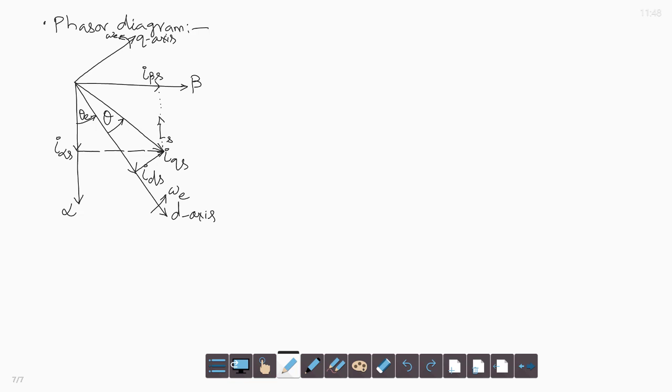So, from this figure you can see IQS equals I beta s cos theta e minus I alpha s sin theta e, and I d s is I beta s sin theta e plus I alpha s into cos theta e.